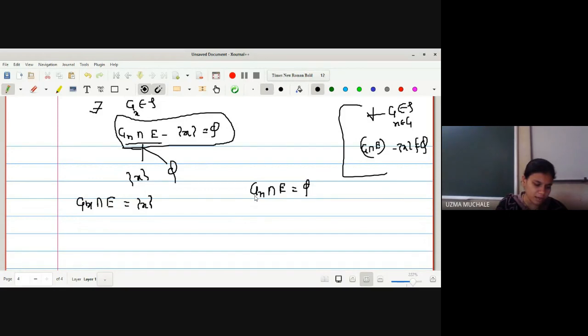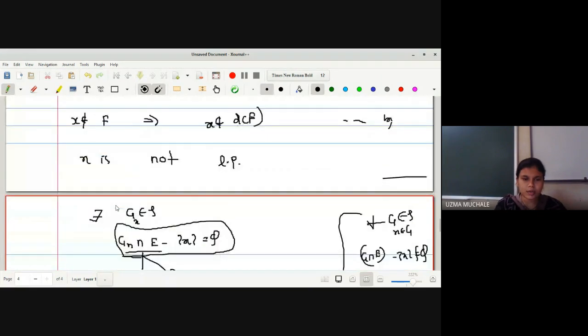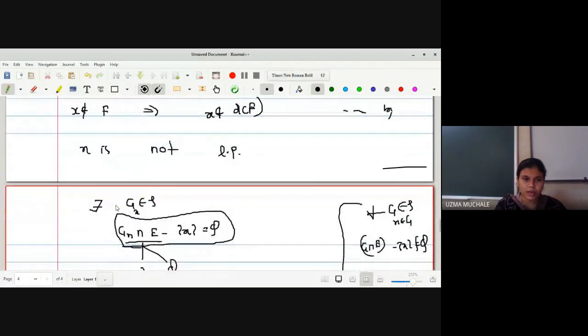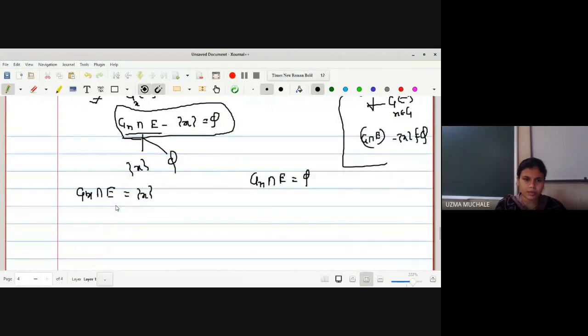Now you have to tell me which condition will be true, right? If I assume this condition that Gx intersection E is singleton X, but we know that X is not a member of capital F, so X will be in its complement, no?